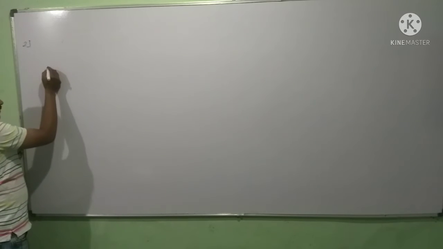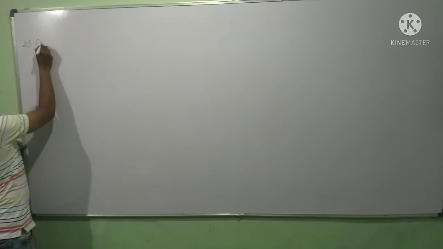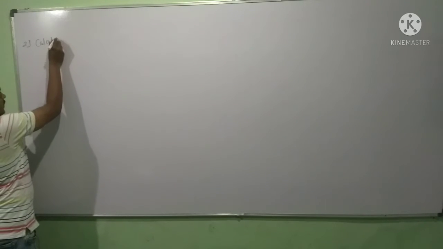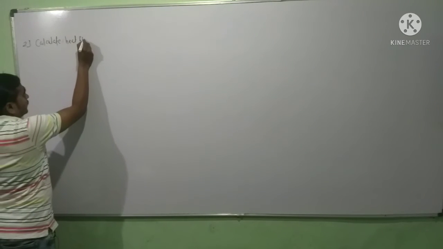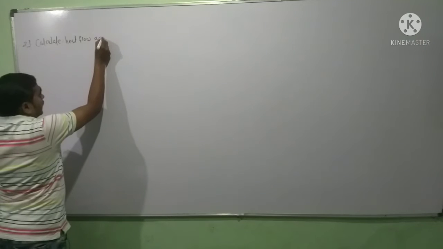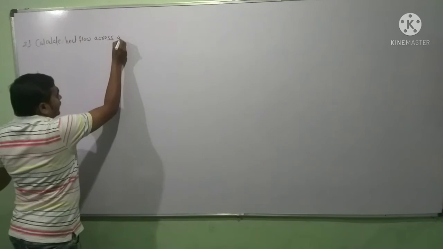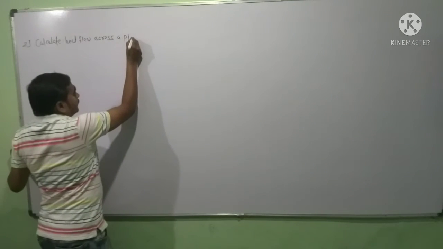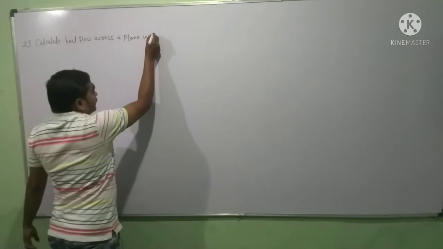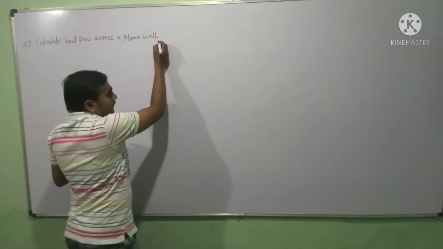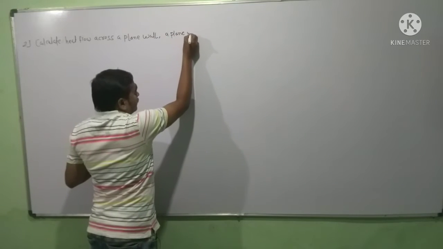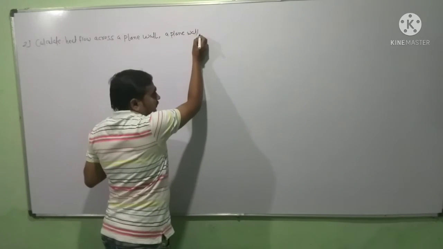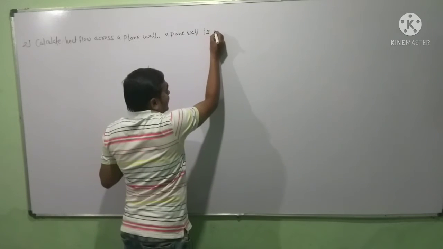Calculate heat flow across a plane wall. A plane wall is 160 mm thick.